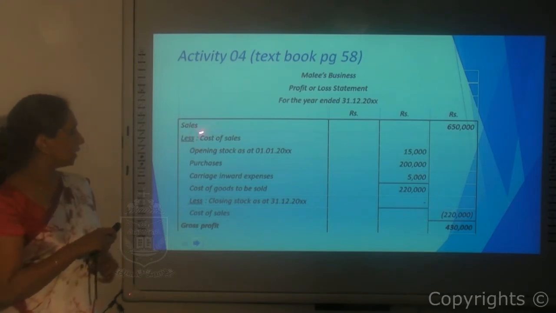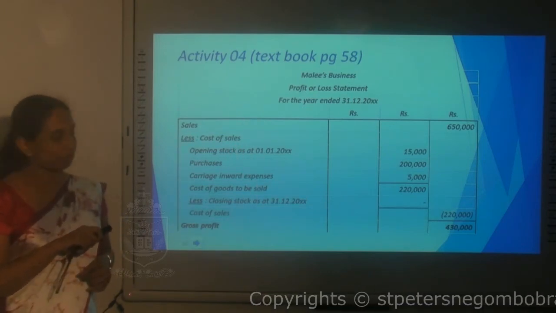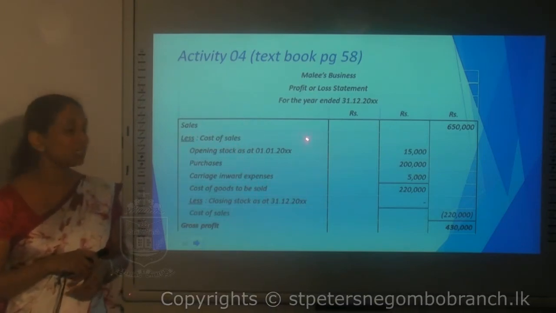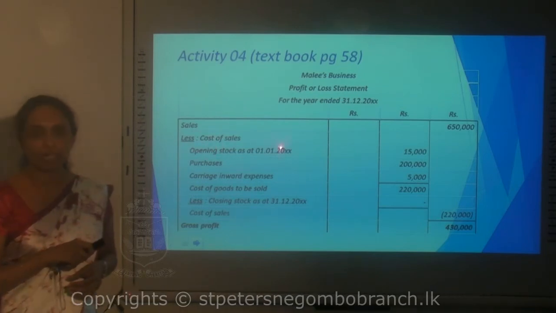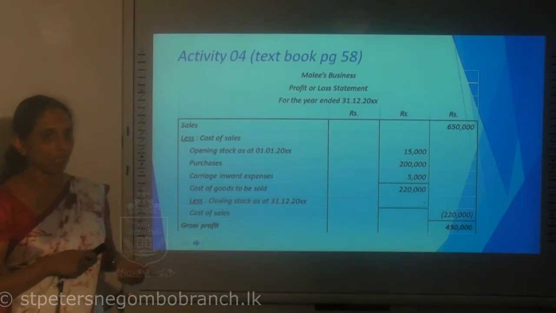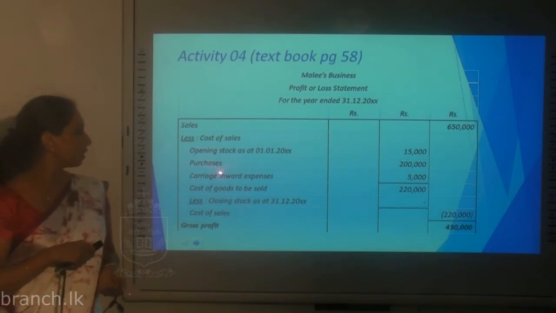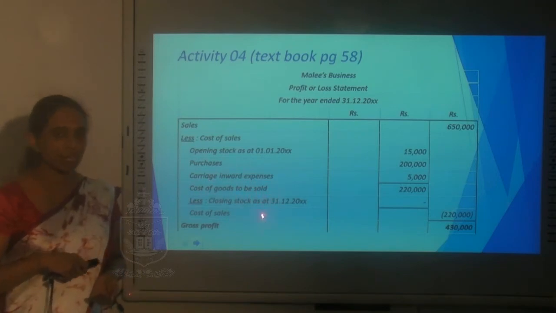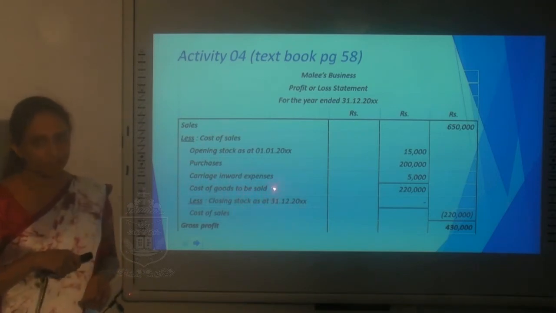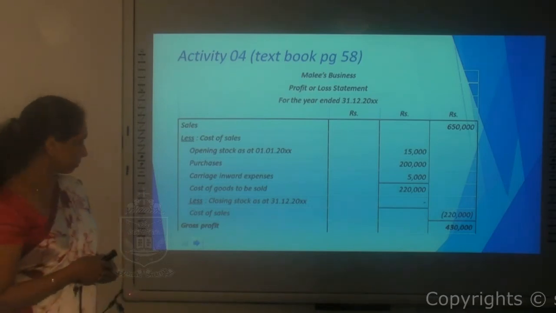Then you can write this down before looking at the question, because this is a fixed format. So as you know how to calculate the gross profit, all these items should be included. So you can leave some space for the purchases related expenses, and all other things can be written down prior to looking at the figures.